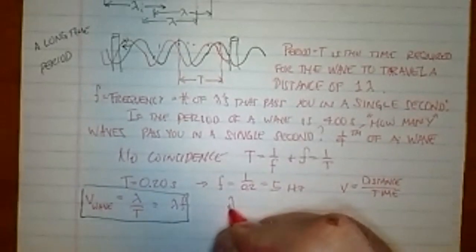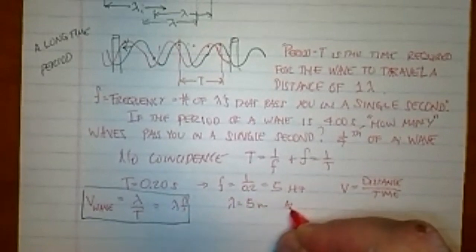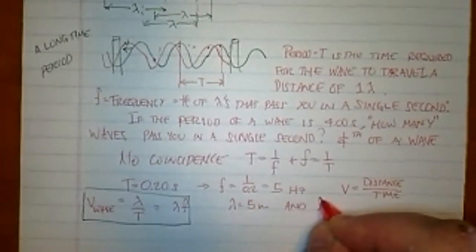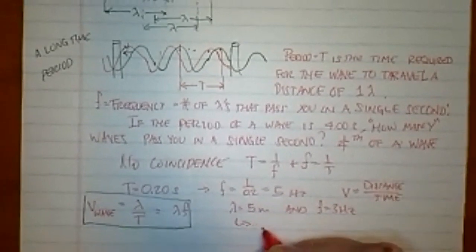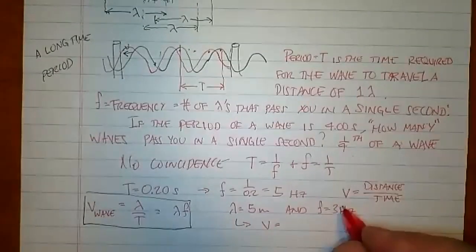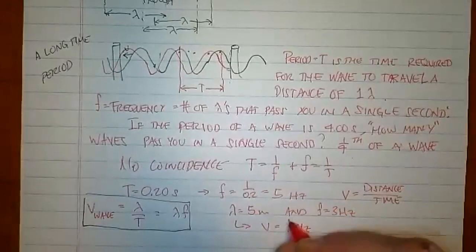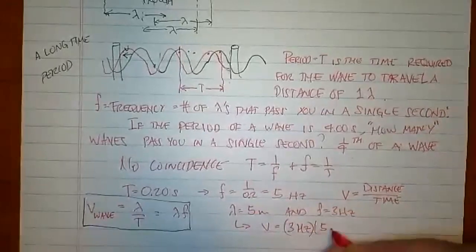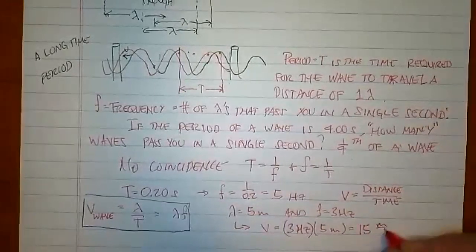So if lambda equals 5 meters and frequency equals 3 hertz, then 3 waves will pass you every second, and each wave is 5 meters long. So that's 3 hertz times 5 meters, which equals 15 meters per second.